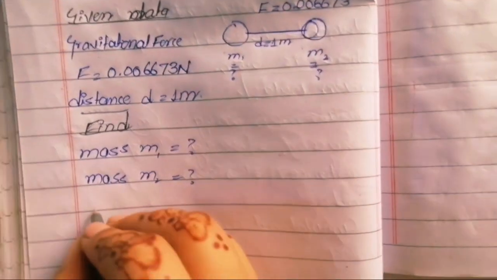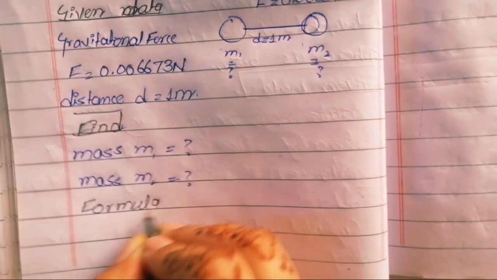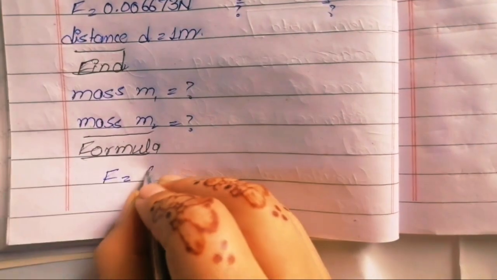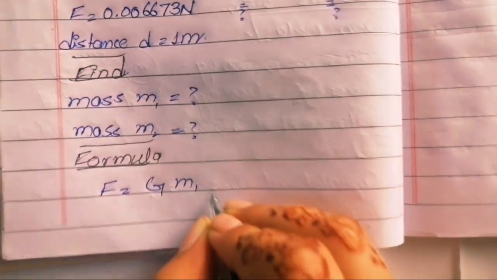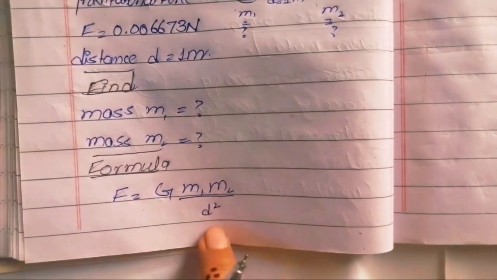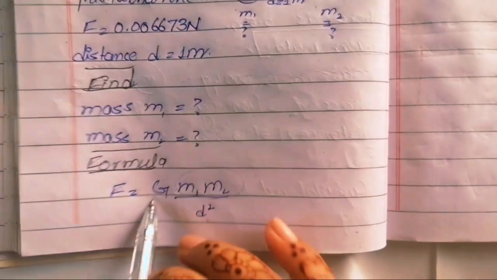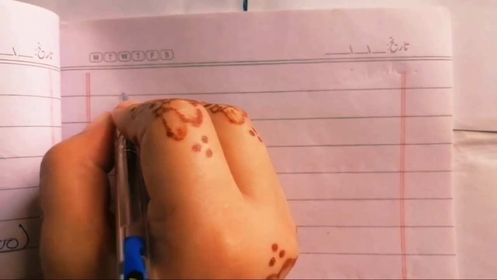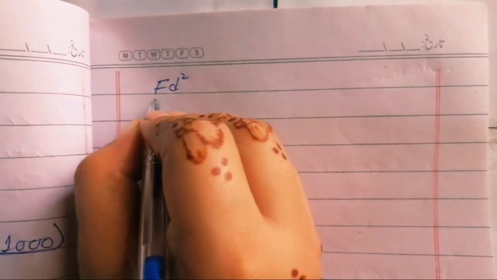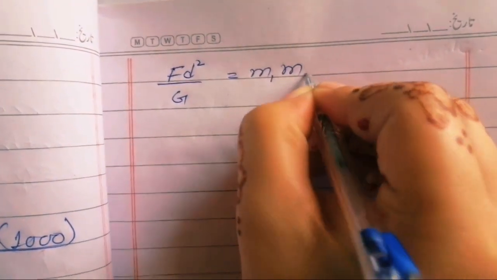For this, we will use the same formula as the previous numerical. F is equal to capital G M1 M2 over D squared. Now we will rearrange the formula because here we have to find out the value of mass. We will multiply F with D squared and divide by capital G. So F D squared over capital G is equal to M1 M2.